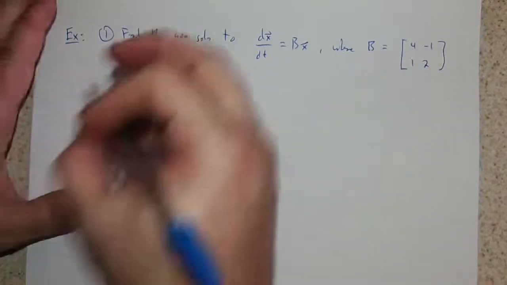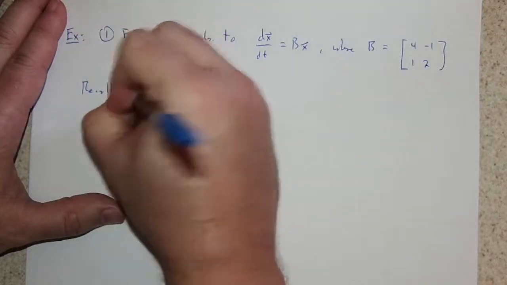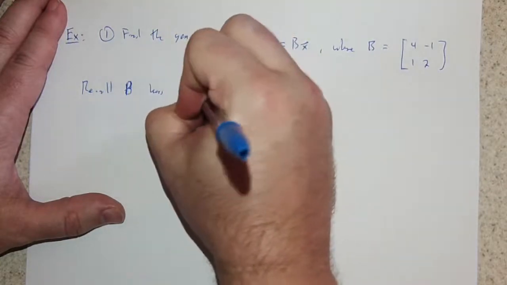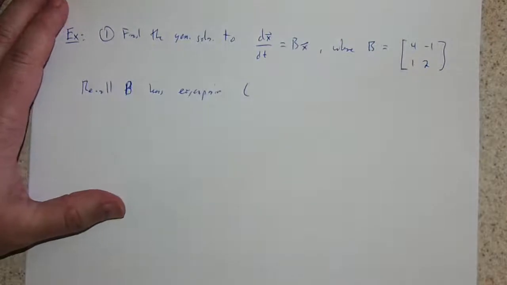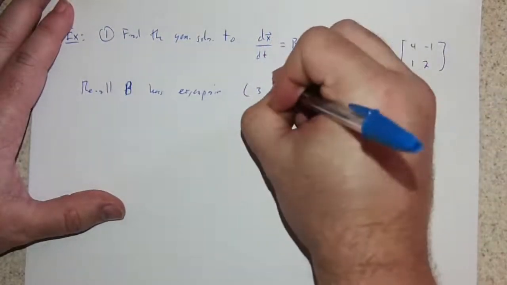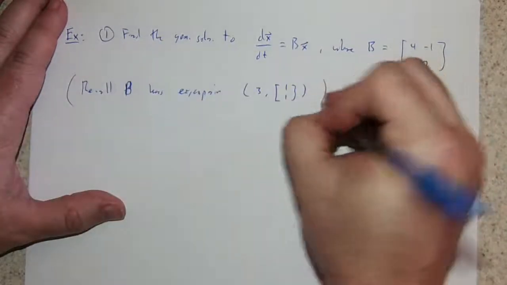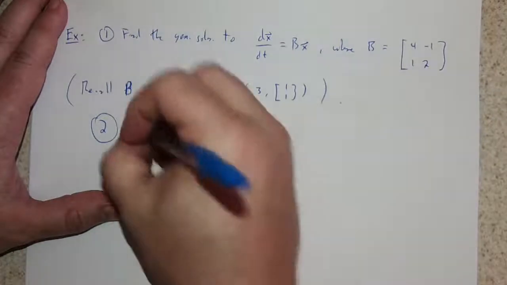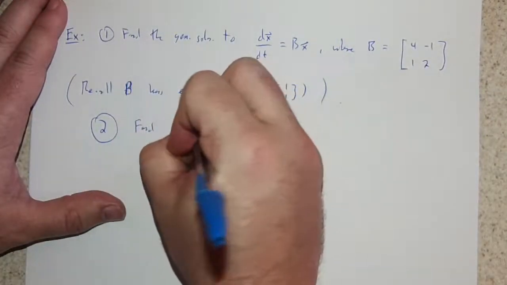Recall B had eigenpair 3, (1, 1). So remember that. Secondly, find the matrix exponential e to the tB.